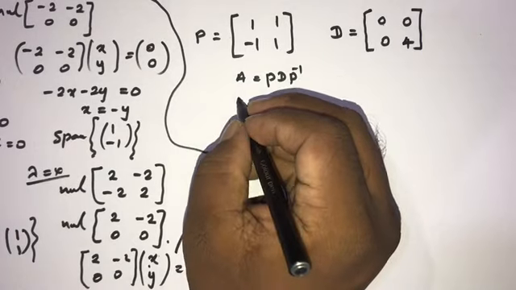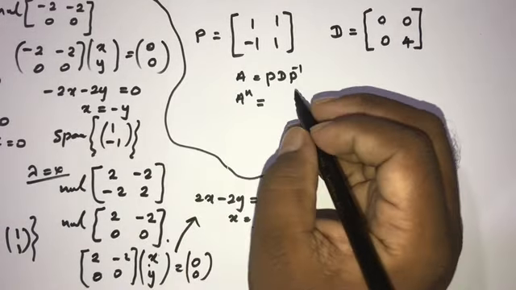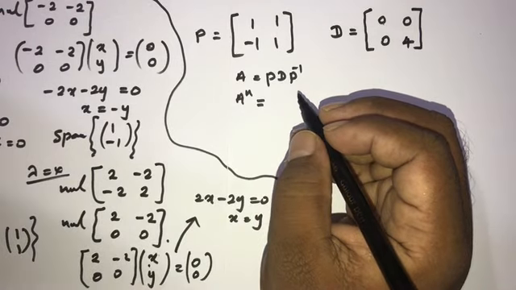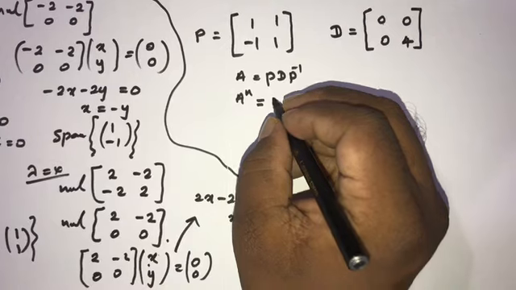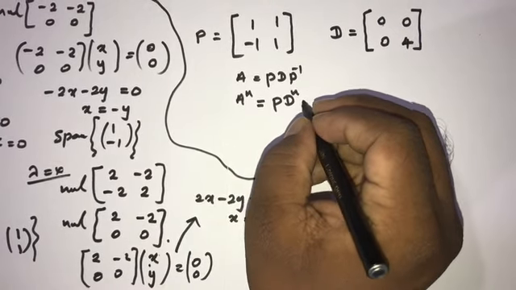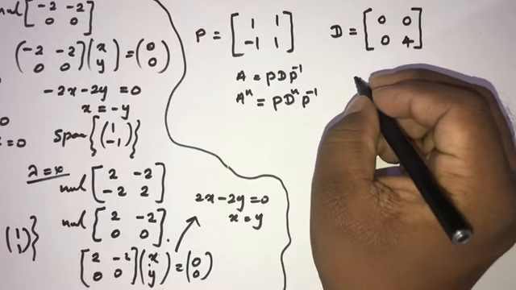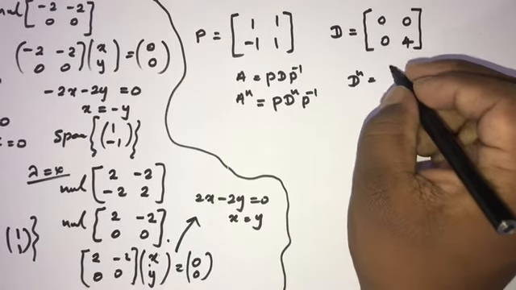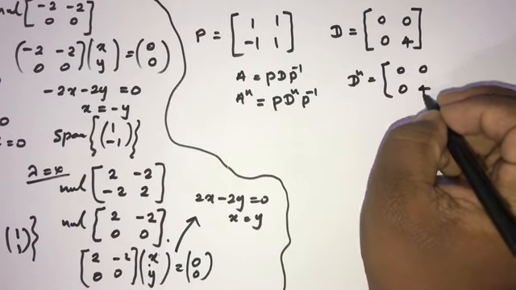We talked about this in a previous video. If you would like to watch, I will add the link in the description. So A to the n is equal to P D to the n P inverse. D to the n is [0 0; 0 4 to the n].